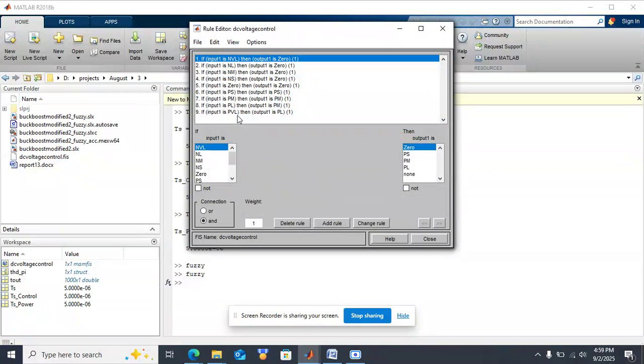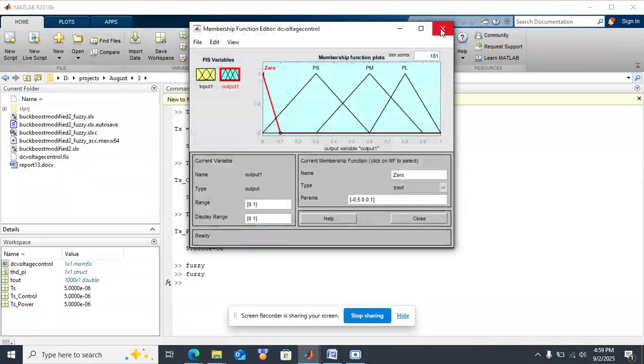When the input goes positive, only then is the output duty ratio increased. When the input difference is higher in the positive direction, then the duty ratio should be higher. So these are the rules we are setting for the fuzzy controller in order to get the results.